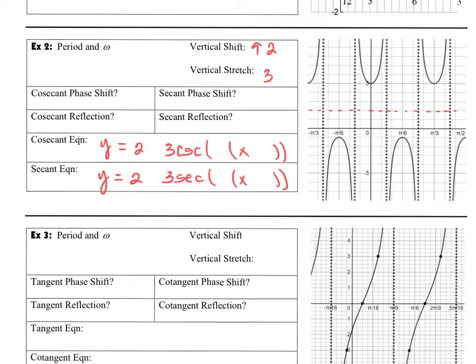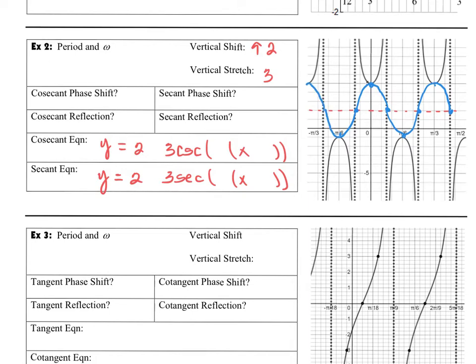So we're just going to go back to our graph and see what we've got going on. What I like to do is take these graphs and sketch back in what the original graph would have looked like before I reflected it. It helps me visualize a little more what's going on and pick out my phase shifts.